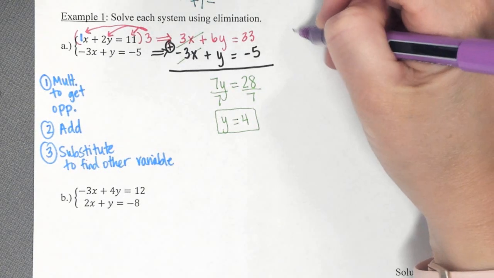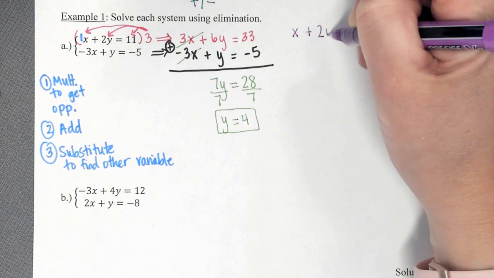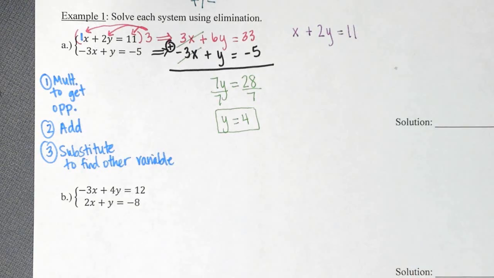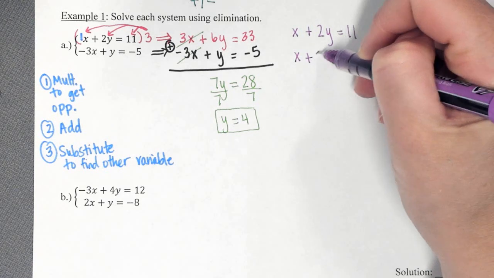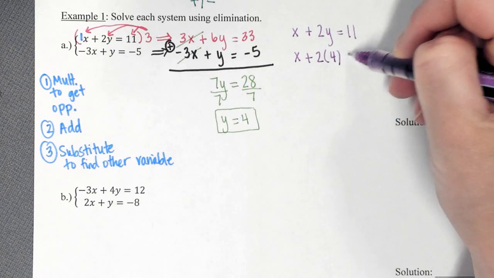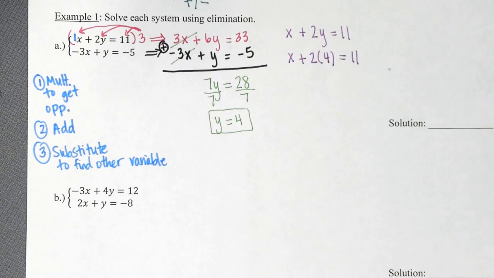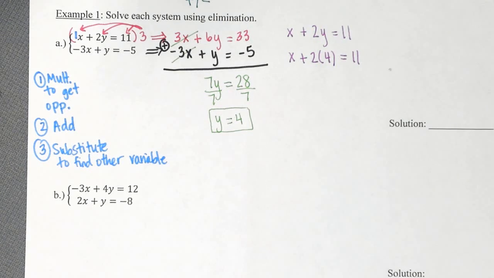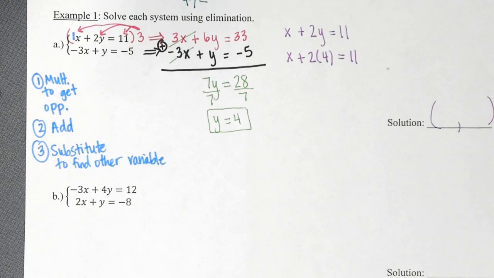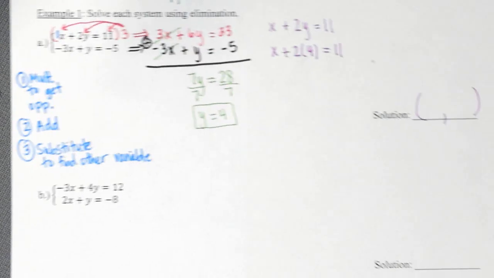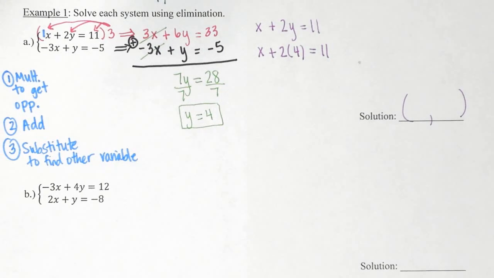Okay, so if you have x plus 2y equals 11. Okay, and then all you have to do is instead of y, we're going to plug in 4. So 2 times 4 equals 11. Okay, and then can you guys solve that for x and write your answer? Let's see.